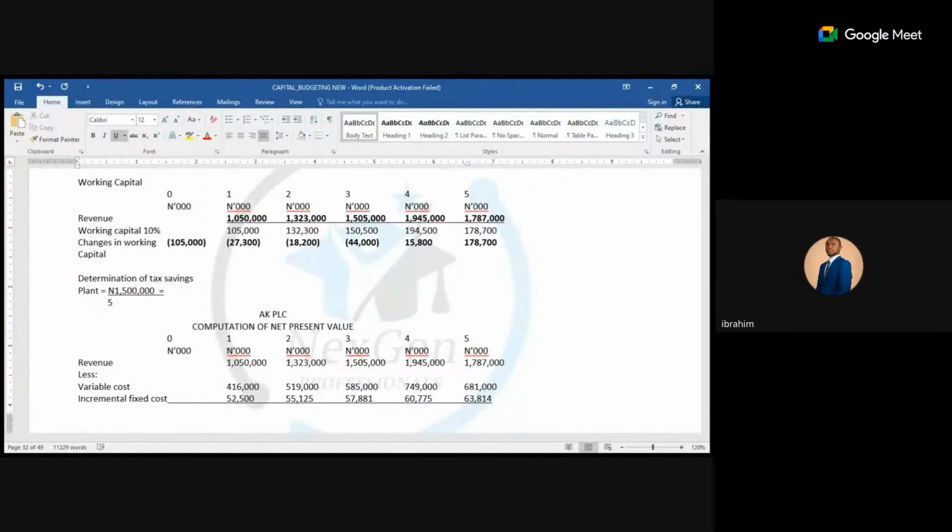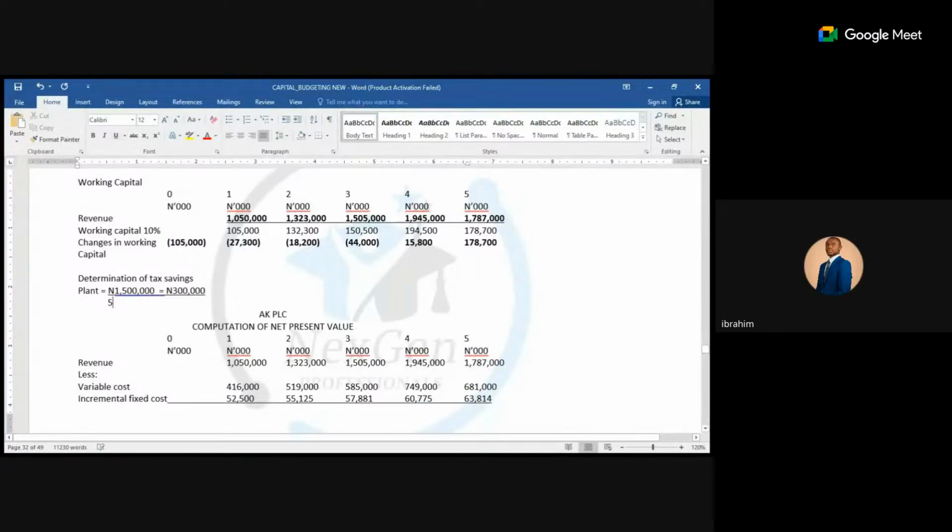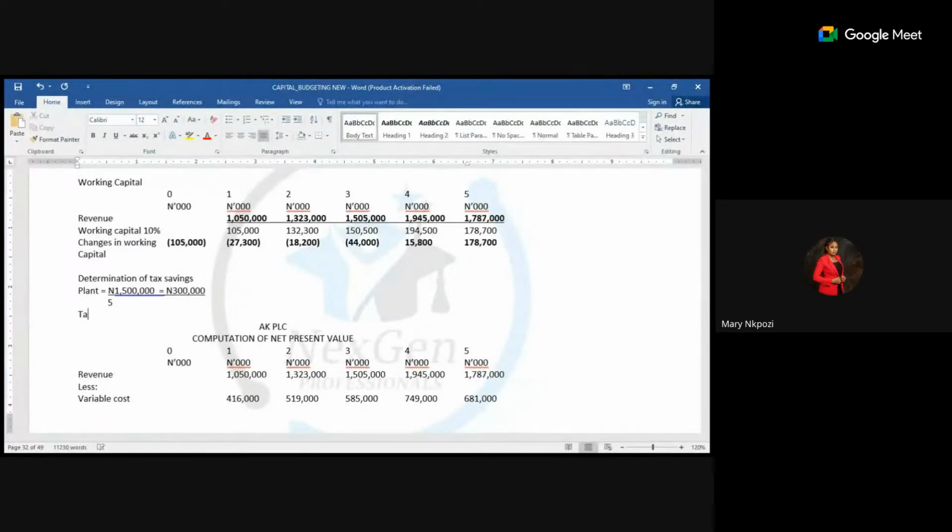When you divide it, what do you have? 300,000. So the tax savings will be 300,000 times the tax rate.